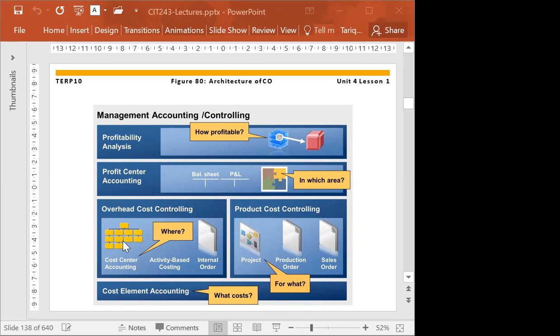Now, for cost center, you can remember one simple example. For example, we have an office, and in that office, we got a photocopy machine. So we have a photocopy machine center, and we declared it as a cost center because we are incurring cost. When we purchase the paper, the cost happens. When we purchase the toner, the cost happens. We are using electricity for that photocopy machine, so we have to pay the electricity bill.